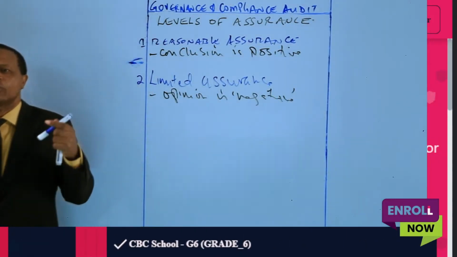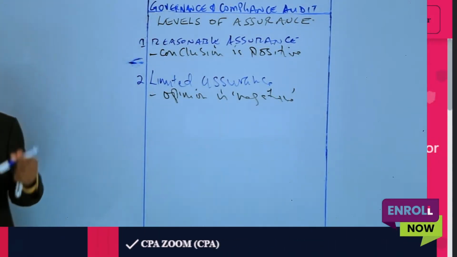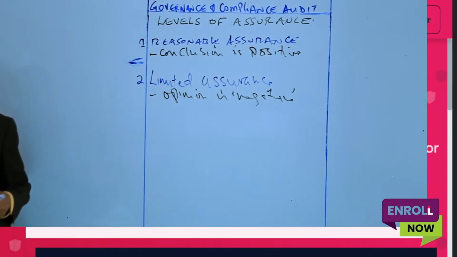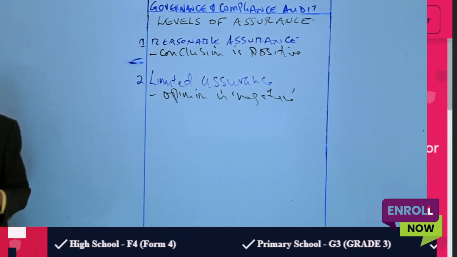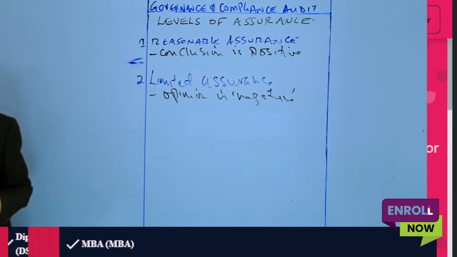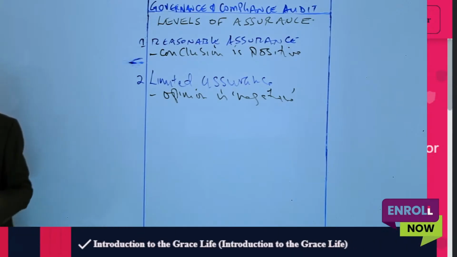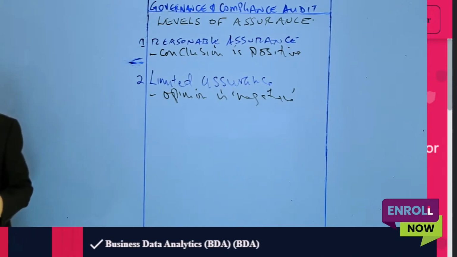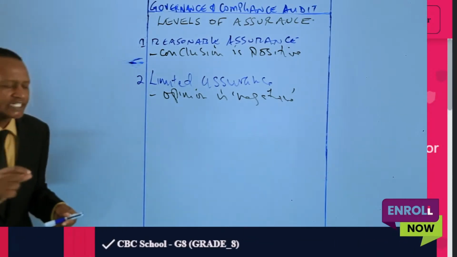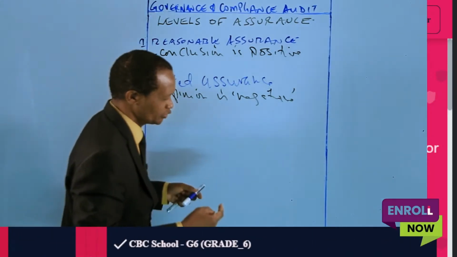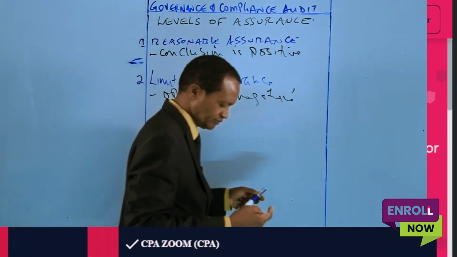Based on the work performed, nothing has come to our attention that causes us to believe there is a material non-compliance or significant control weakness. Okay? Nothing has come to our attention. That is being negative.